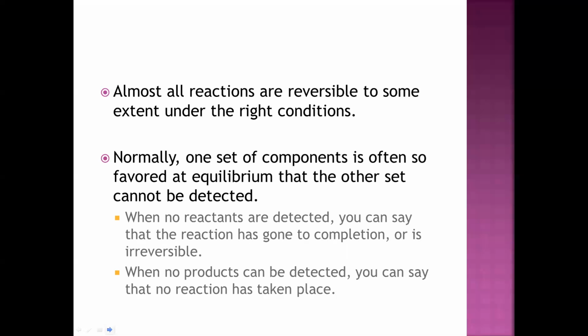When we did our observation labs, we said, okay, a reaction happened. But if you didn't witness anything change, and there were no products detected, then we would have called that a no reaction. What this means is that it favors the forward reaction if it goes to completion, and it favors the reverse reaction if it looks like nothing happened, because it all depends on what's present in the vessel at the end.